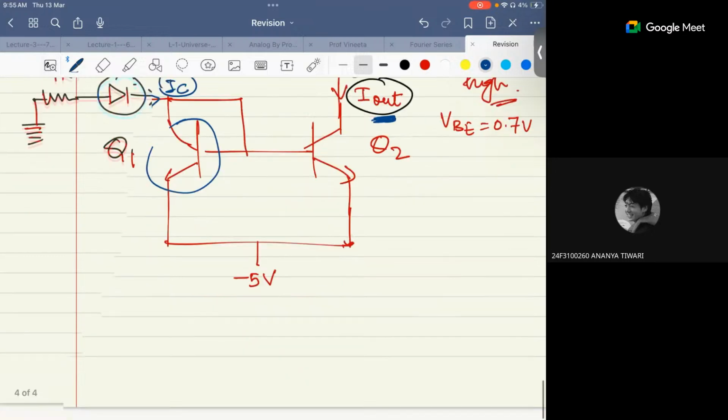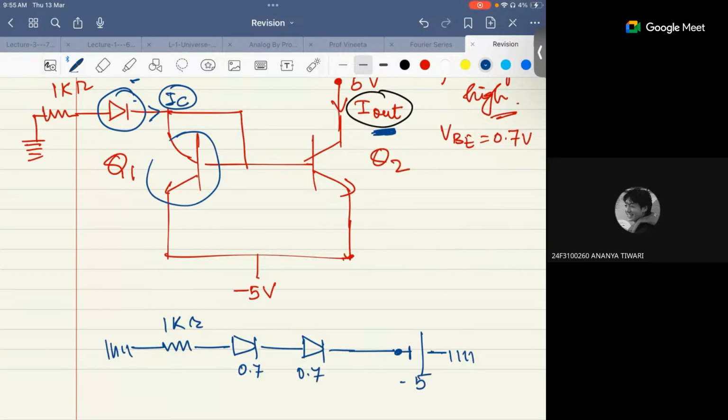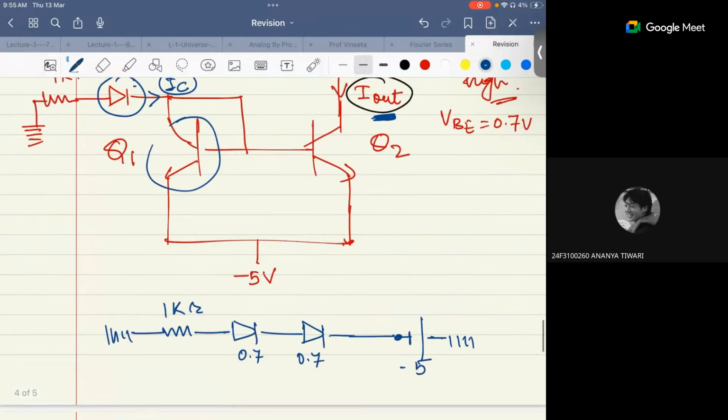You can write it out as, for example, you have a resistance here, again a resistance here, and then you are connected to -5. Here also you need a current, right? So this is 1 kilo ohm, this is 0.7, 0.7, this is -5. You write the equation, you'll get the IC.